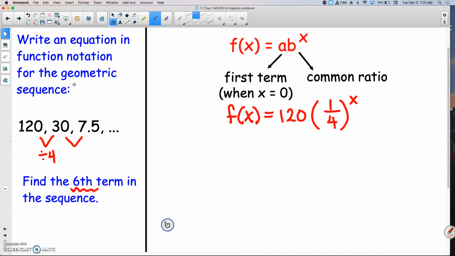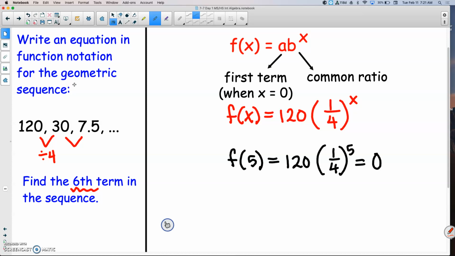So if you wanted to continue this pattern, it wouldn't be that bad, but I'm just going to plug in 5. I know that it's 1 less because of x starting at 0. So 120 times 1/4 to the power of 5. So 0.1171875. Very small.